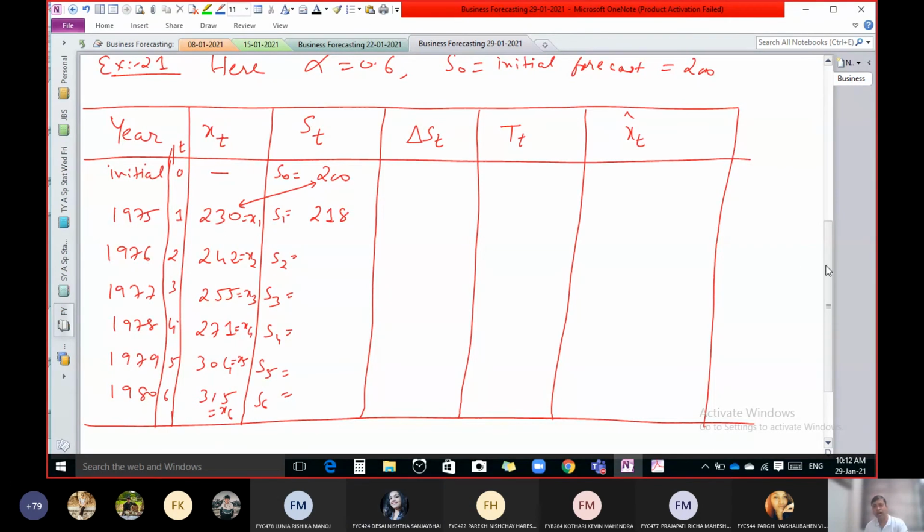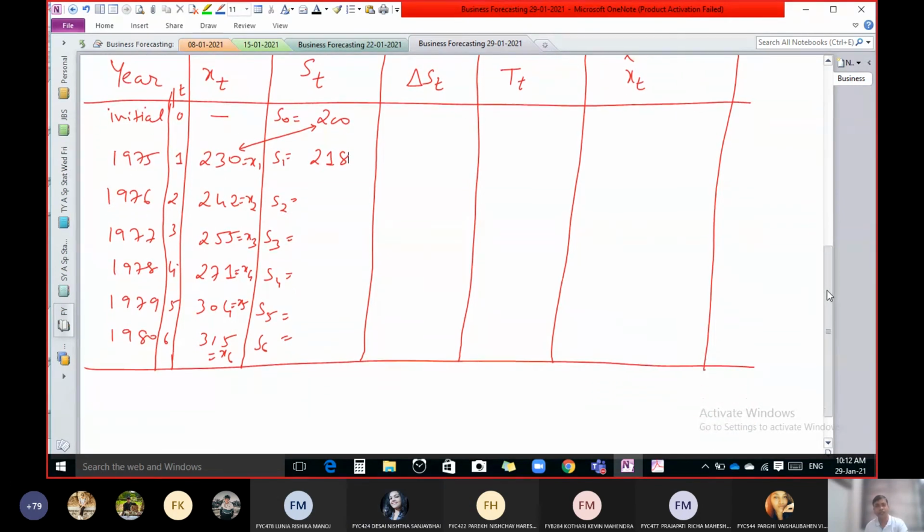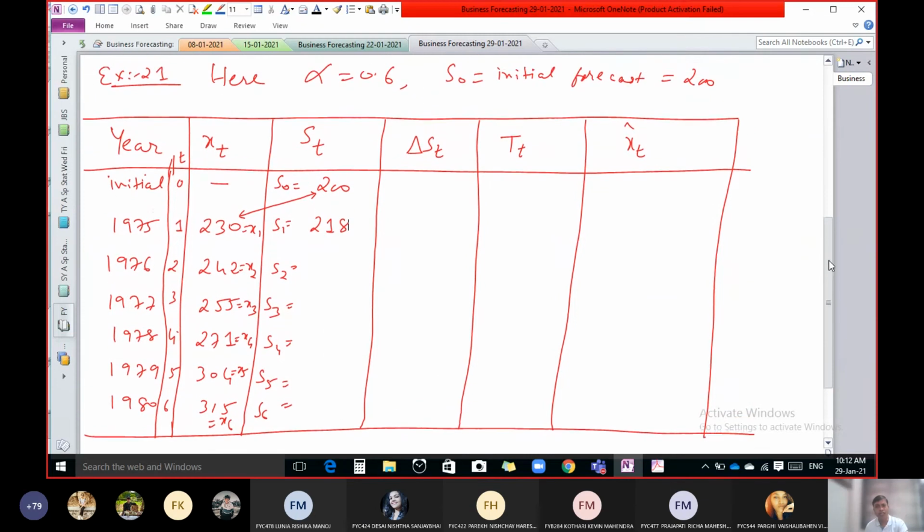Now the question is how to calculate S1. Listen, what we did here: the difference of these two means x1 minus S0. Multiplying that with alpha 0.6, and whatever answer we have, we add that to S0 to get S1.